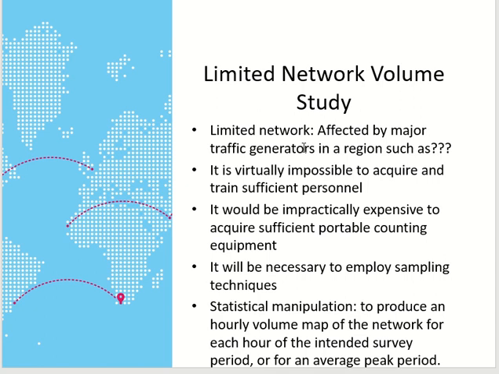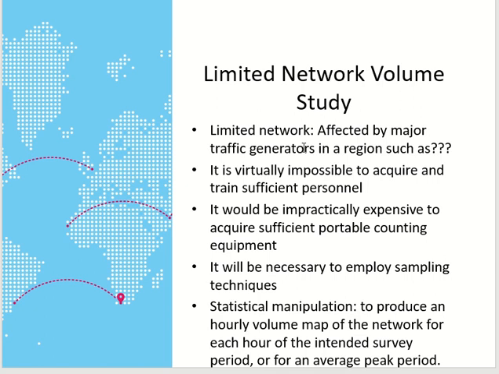Now the problem with dealing with the network is that it has a lot of segments and a lot of intersections. So trying to cover all of them for the full period of the study is impossible. Why? Because you will need a lot of resources, or you will need a lot of time. So in order to avoid that, because we cannot handle so much, we can do some sampling.